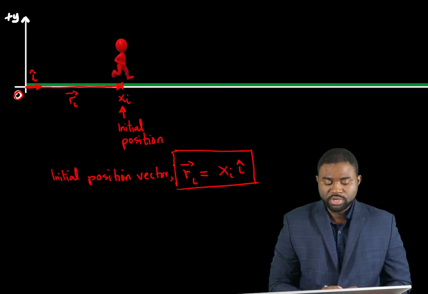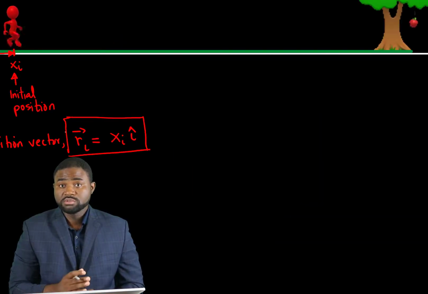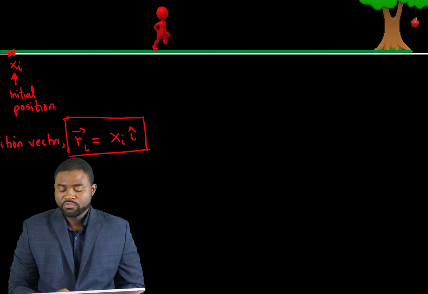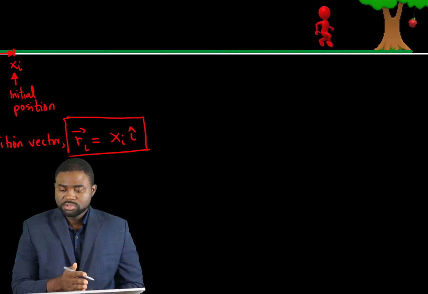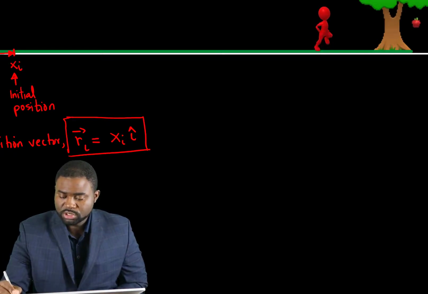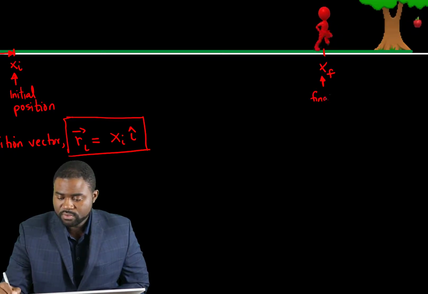So the question would be, what would happen if he jogs to the right? If he jogs to the right, let's say to a final position, this is his final position x_f.